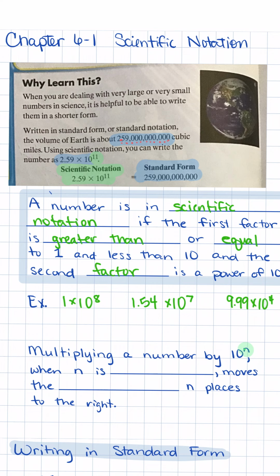When n is positive, it moves the decimal point n places to the right. That's the key. Positive equals the decimal point moves to the right.